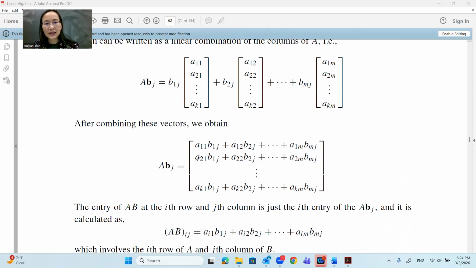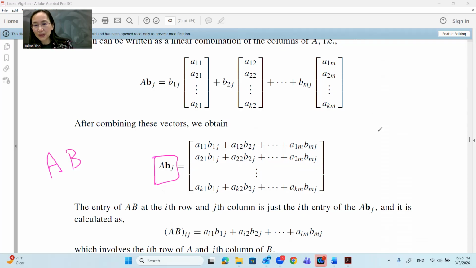This vector, you see the first entry is 1, 1, 1, 2, 2, J. So then the ith entry for the jth column will be this. So this is a process to get the ith entry, and that means this is the jth column of the AB matrix, but it's the ith entry.